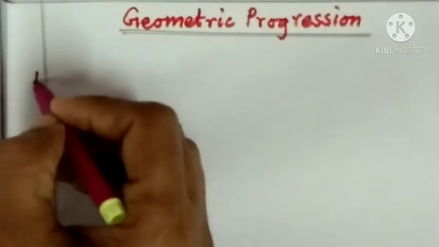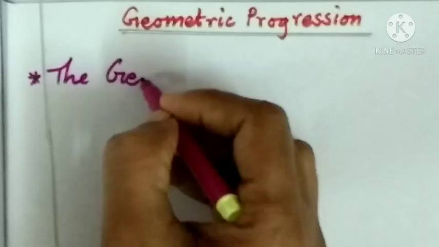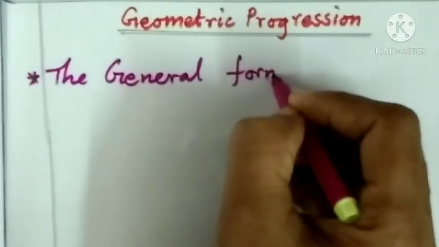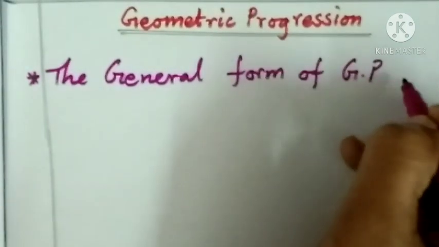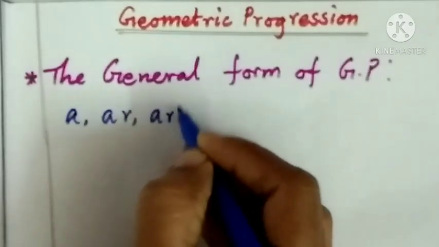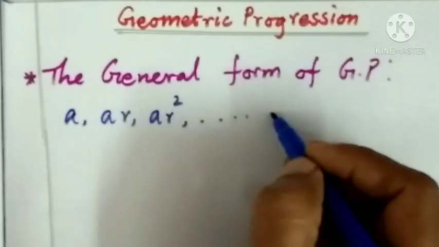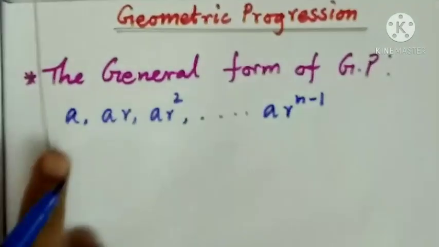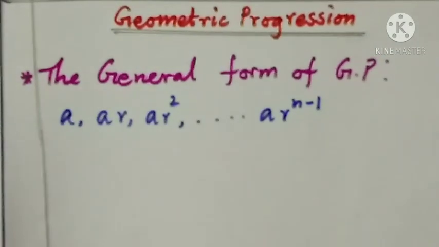The general form of GP is A, AR, AR squared and so on up to nth term AR power n minus 1. Here A is first term and R is a common ratio.